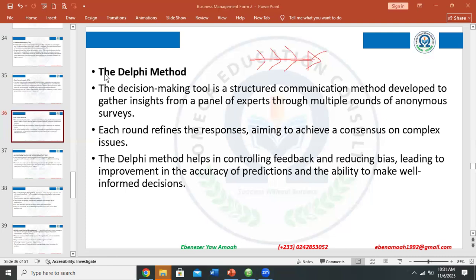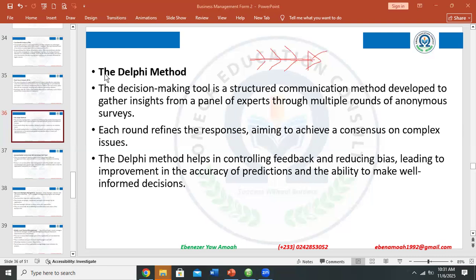But what is significant about this method is that we don't just do surveys with anybody, but expect a panel of experts. So the people should be knowledgeable in whatever we want to look at. And it's not just one survey, you do several. The intention is that when you do the first one, based on the responses you get, you do another one.